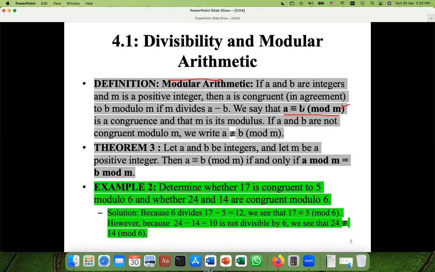So here congruent means A is agreeing with B modulo M, or you can say the left hand side is agreeing with the right hand side. But the term here is congruent. So A is congruent to B modulo M, or you can simply say mod M. It is up to you.